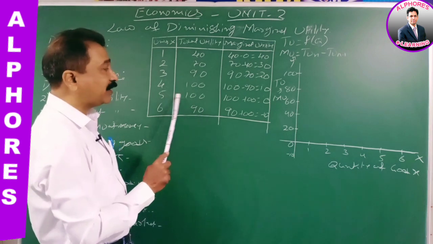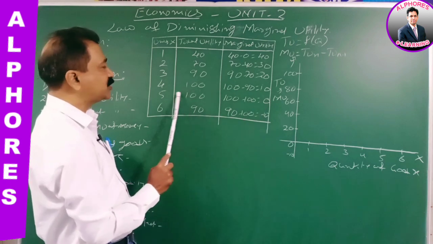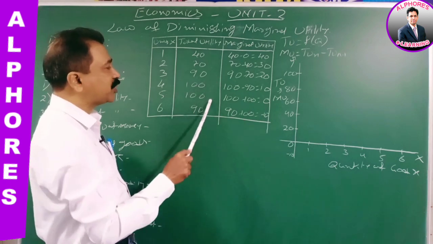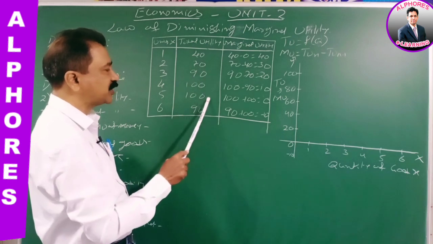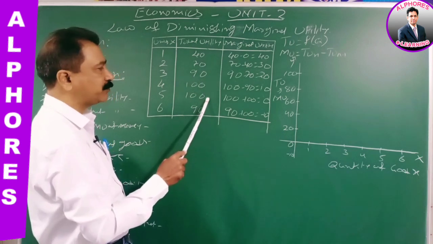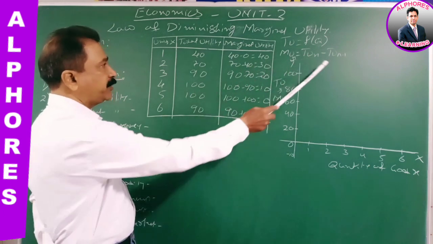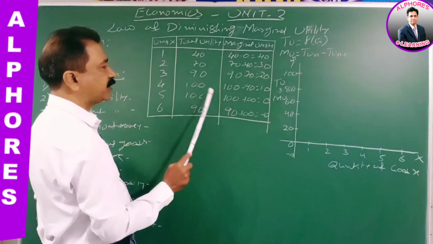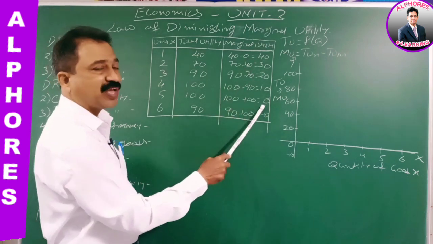See here, there is no additional satisfaction. You got the same level, it has become constant. Till here it was increasing, here it becomes constant. Here you can see, present one is 100, previous one is 100 again. 100 minus 100, 0. So the marginal utility becomes 0.